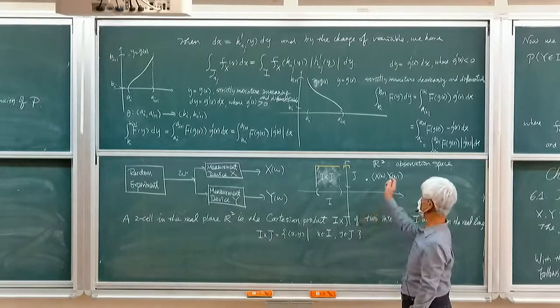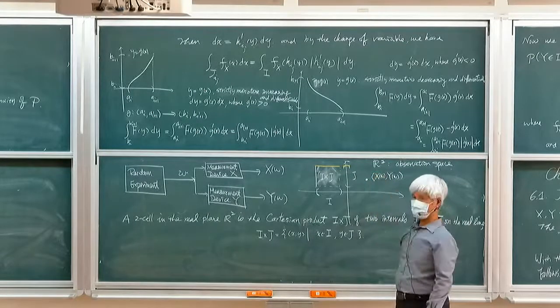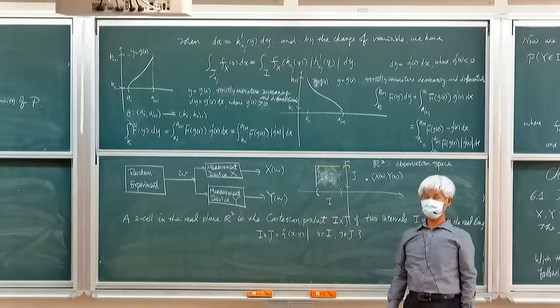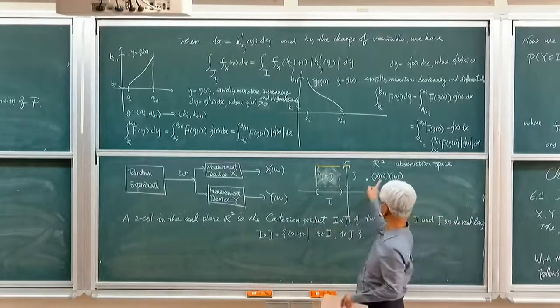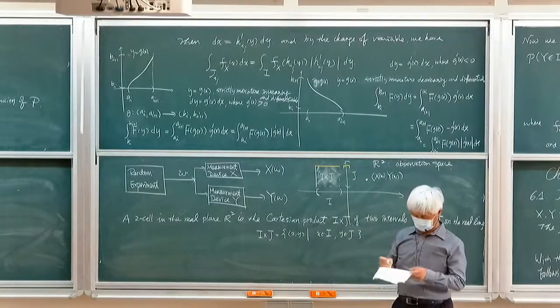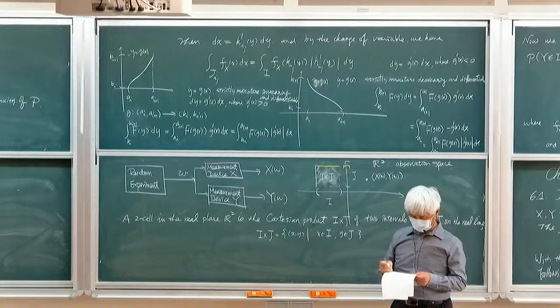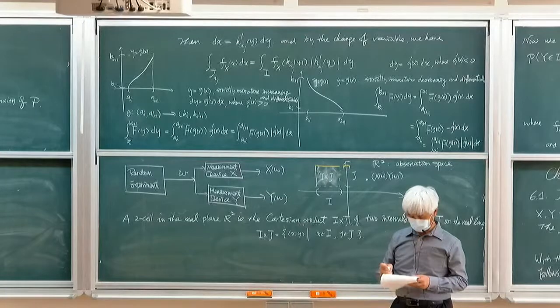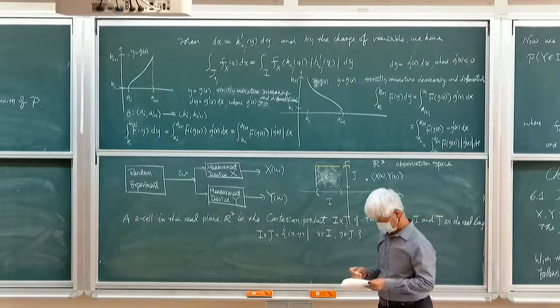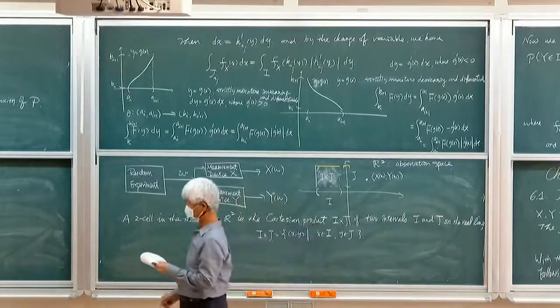And this is the reason why the plane is called a Cartesian plane, and this is Cartesian coordinates. Because Descartes, a French mathematician, invented such a notation. Okay, that is very important in history.